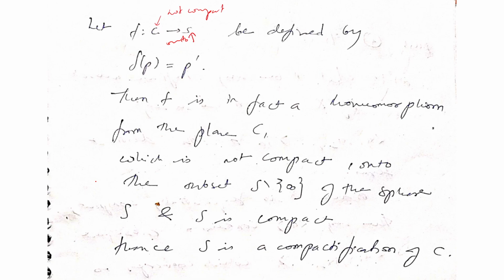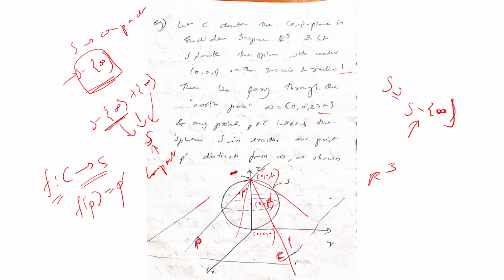So this is not compact, and when we add one element, this becomes compact, right? So what we have done is extend our space and form the compact space. So we have done the compactification. So can we say that S is the compactification of S minus infinity?